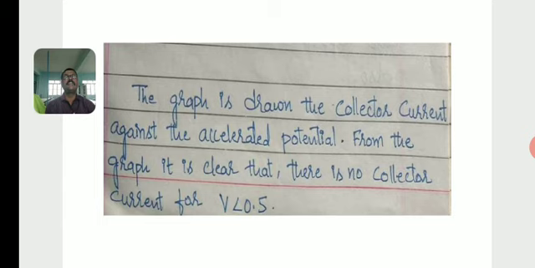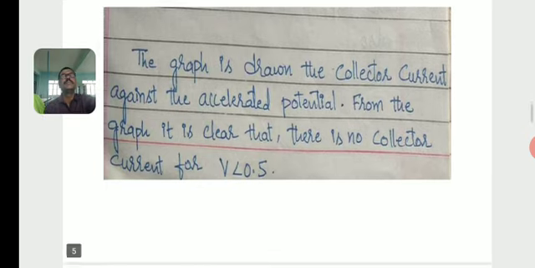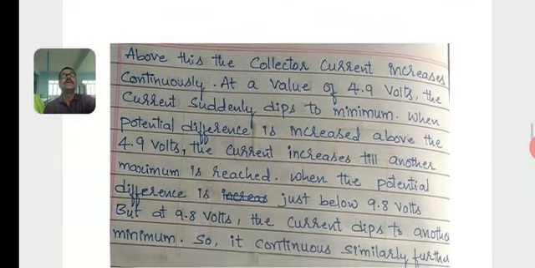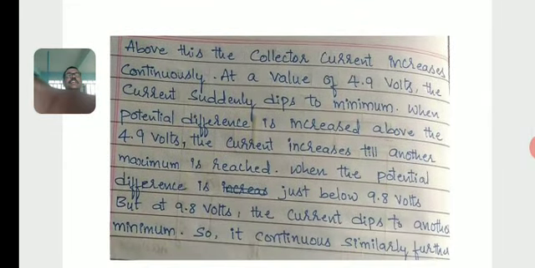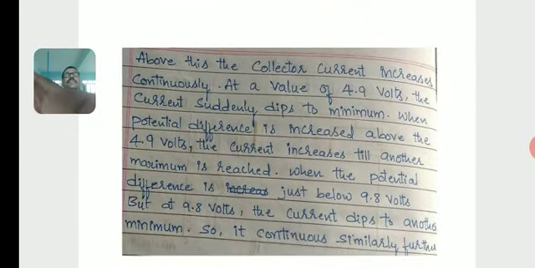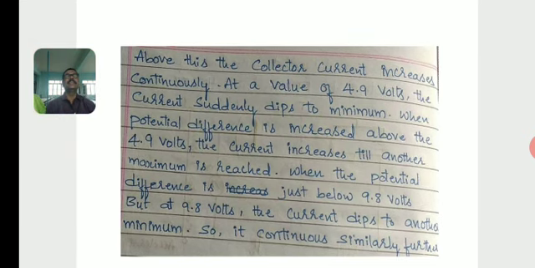From the graph, it is clear that there is no collector current for V less than 0.5 volts. Above this, the collector current increases continuously. At a value of 4.9 volts, the current suddenly dips to a minimum.